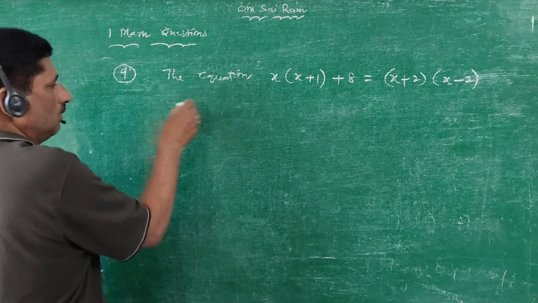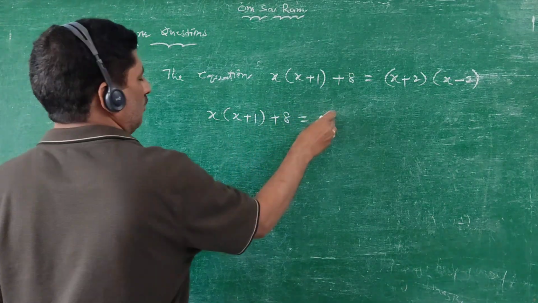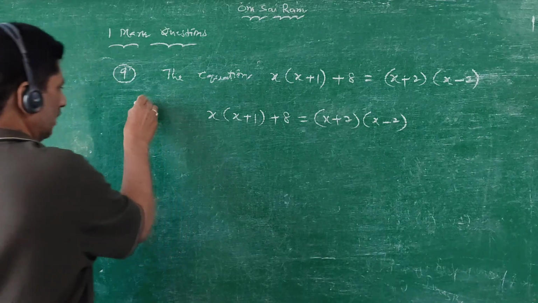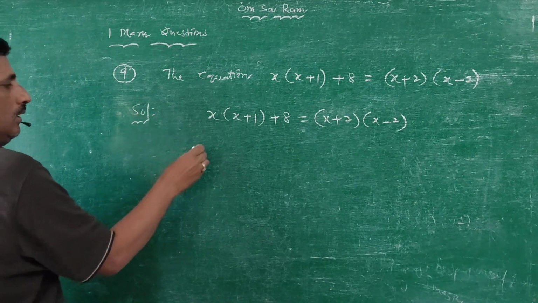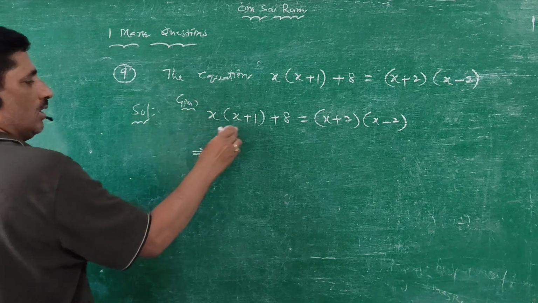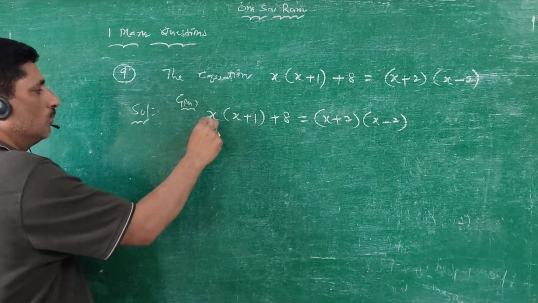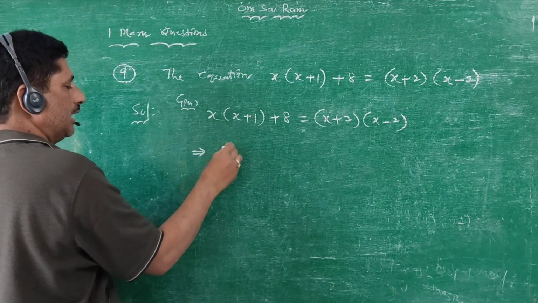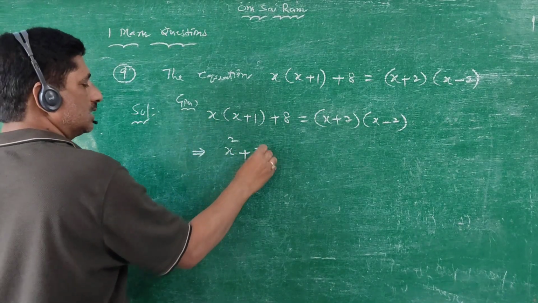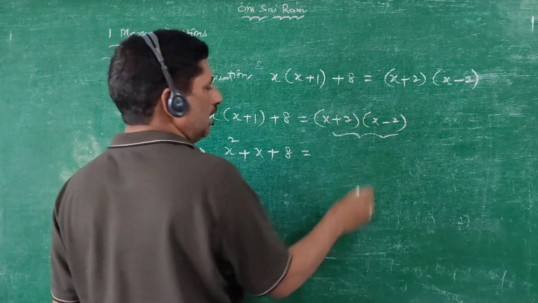Okay, now I have to simplify this. x into x plus 1 plus 8 is equal to x plus 2 into x minus 2, as given. Then I have to multiply this. The two terms inside the bracket should multiply with x. x into x is x square, plus x ones are x, plus 8, that is equal to, this is in the form of a plus b into a minus b.